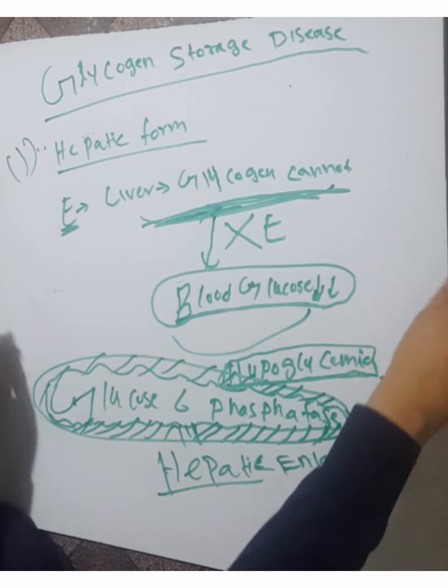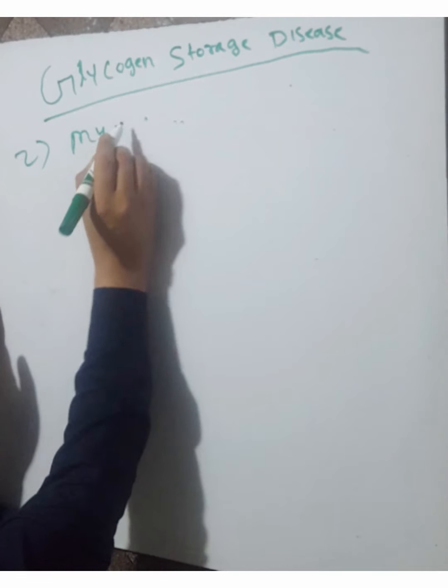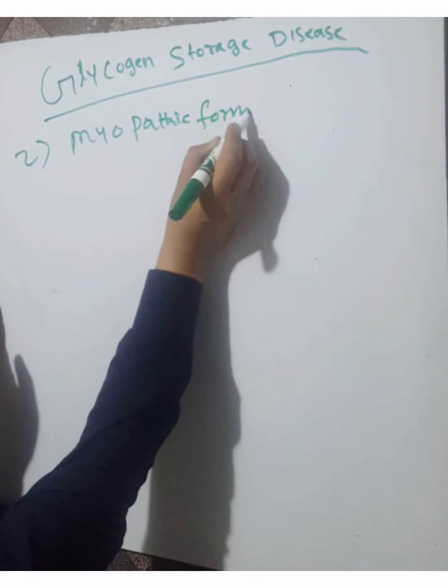Now we will discuss the myopathic form. In the myopathic form, we know that skeletal muscles also use glycogen as a source of energy during physical activity to produce ATP.